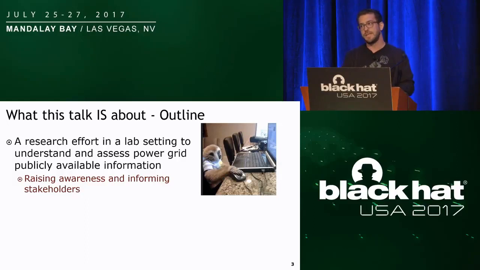During that research, we tried to understand, identify, and assess information about the power grid that appears on the internet and is publicly available. During the course of this exercise, we informed stakeholders, we raised awareness, and if we found something that we didn't think should exist, we asked people to take it down. So that happened during this research effort.